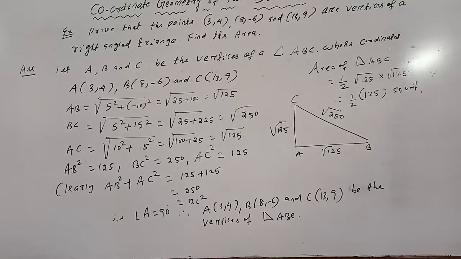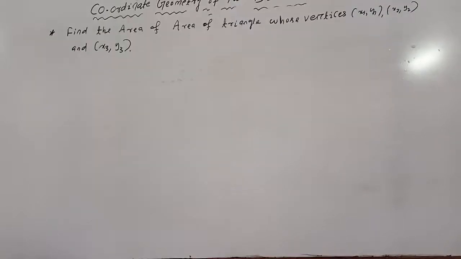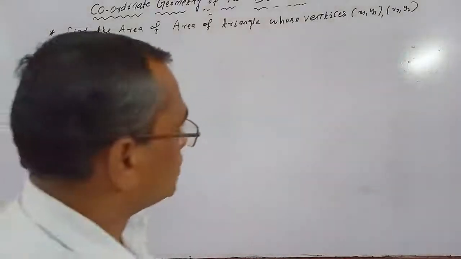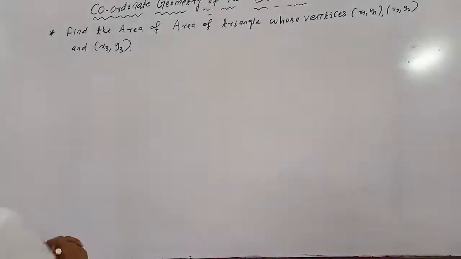Next, how to calculate the area of any triangle whose vertices are given. Find the area of a triangle whose vertices are (x1, y1), (x2, y2) and (x3, y3). So first we take these as the vertices of ABC. Answer.